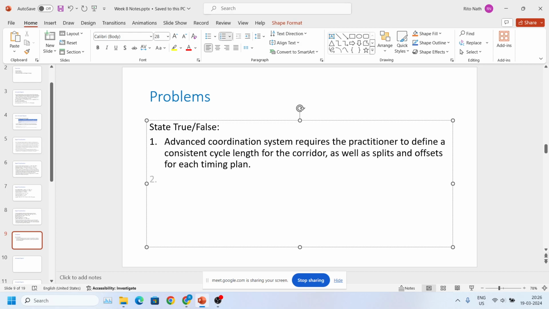Next is: shorter travel time between signals results in greater vehicle platoon dispersion.